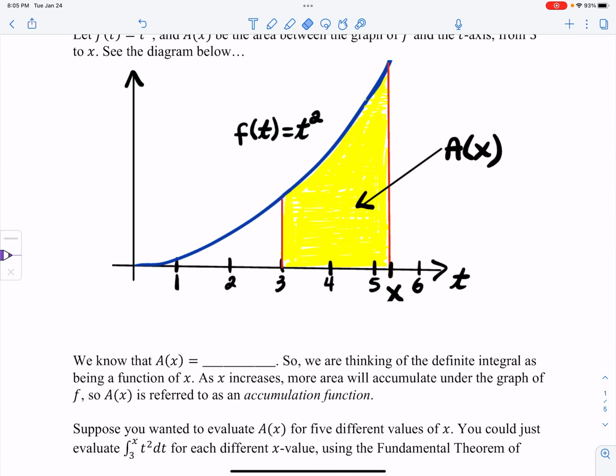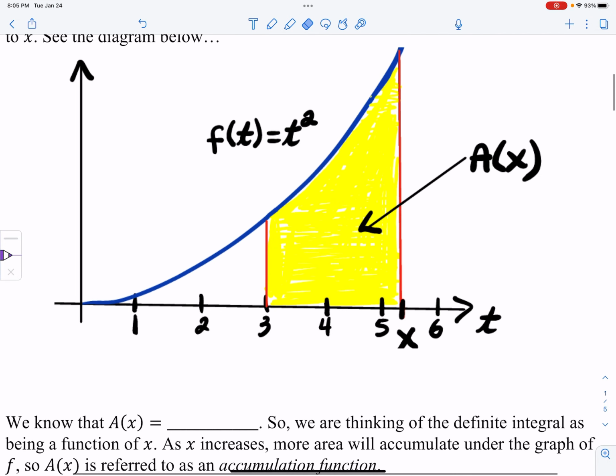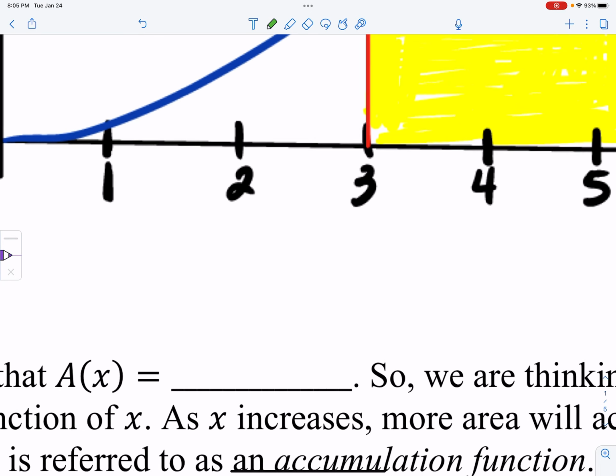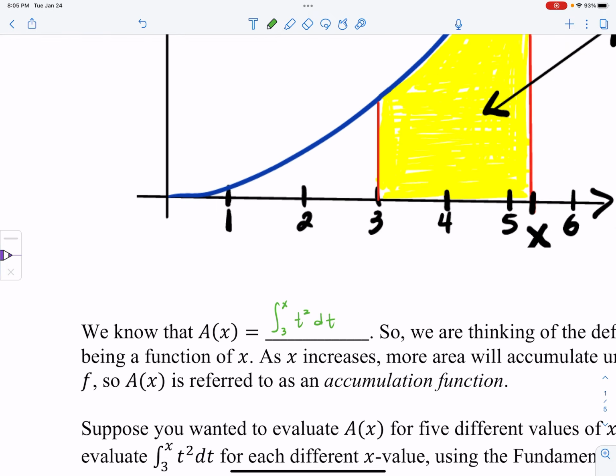This is a positive function on a closed interval, so the area can be represented by the definite integral, in this case from 3 to x. And our function is t squared, so it'll be t squared dt. So this will be our area function.